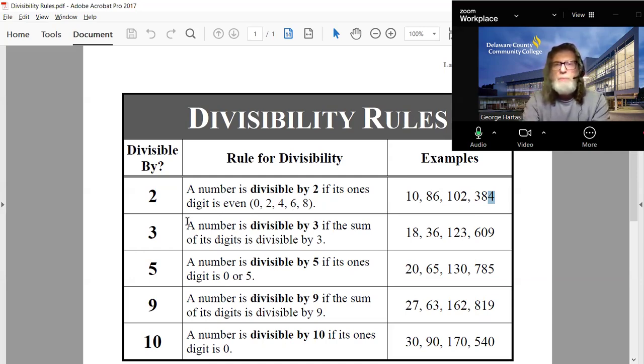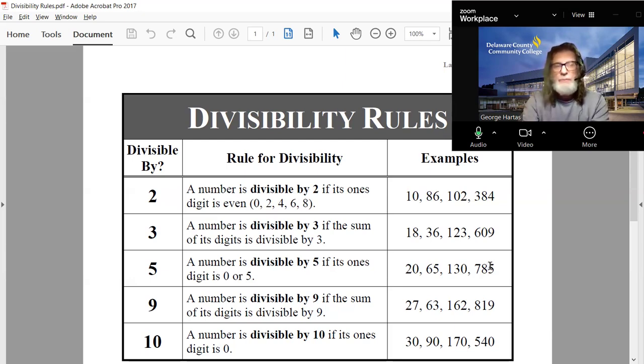Now, we'll come back to 3 in a minute. Let's jump to 5. A number is divisible by 5 if its ones digit is 0 or 5. So here again, we have to look at the ones digit. If the ones digit is 0 or 5, then 5 divides into that number evenly with no remainder.